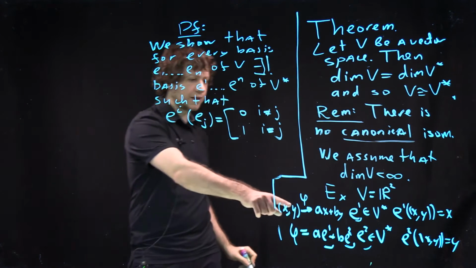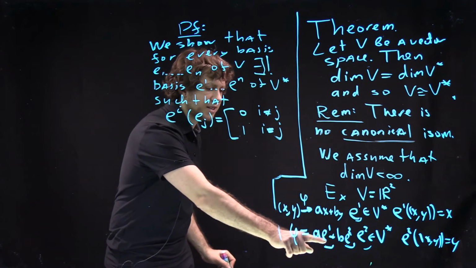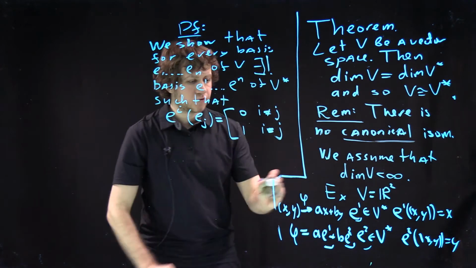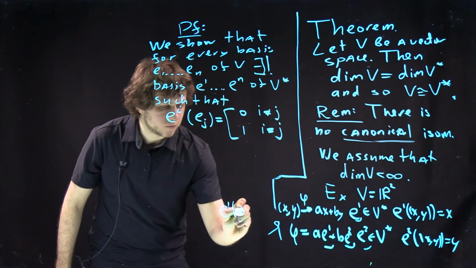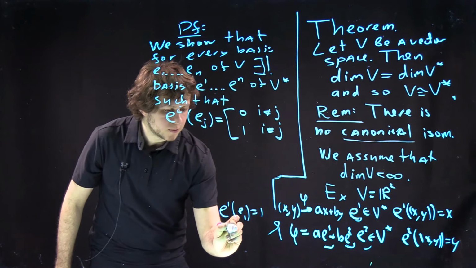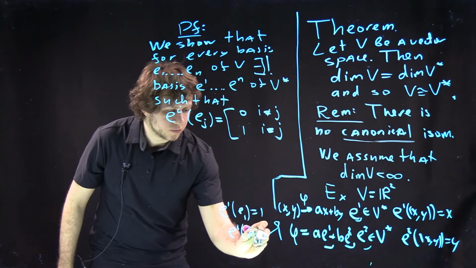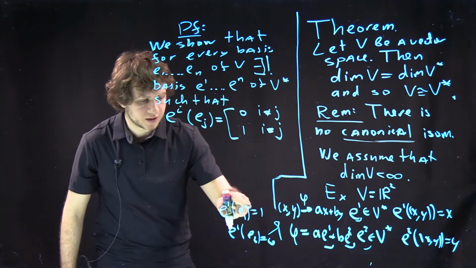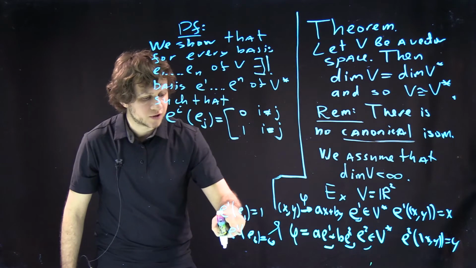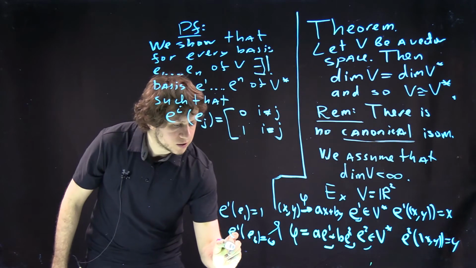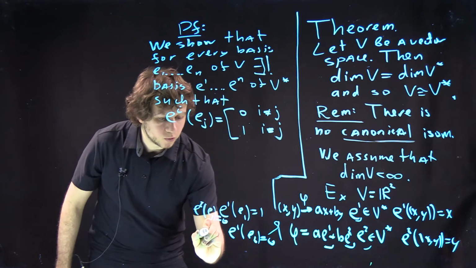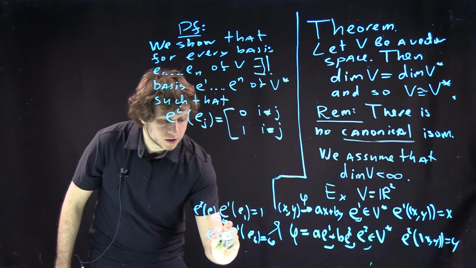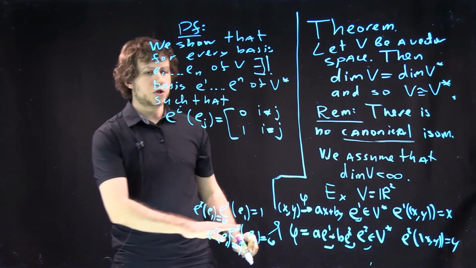Exactly like here. In this example, if you take the basis e1, e2 and look at e1 of e1, you get 1, e1 of e2 equals 0, because the first coordinate of the vector e1 is 1, the first coordinate of vector e2 is 0, and e2 of e1 is 0, e2 of e2 is 1.